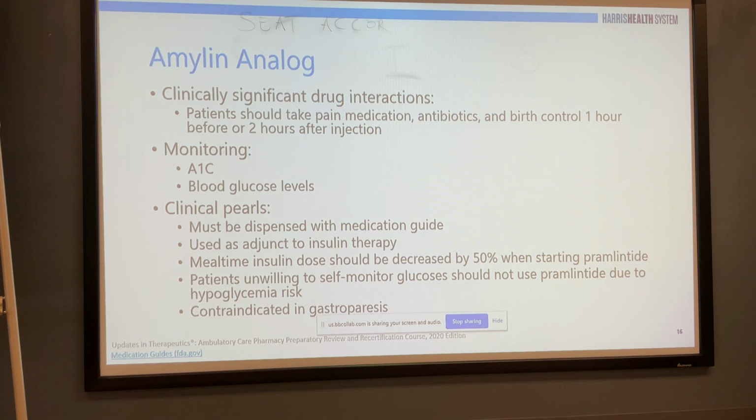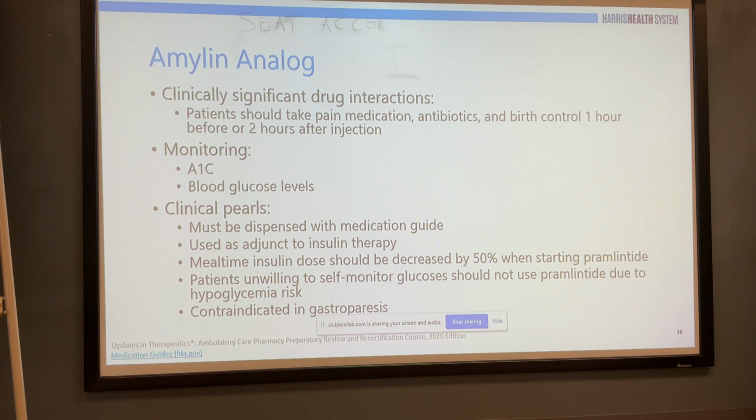Some notable clinical pearls are that this drug has to be dispensed with a medication guide. So if you're working in a retail setting and you get your drug labels, there's going to be a medication guide that comes with it, with the packet of information for the patient. One thing to note about the amylin analog is that it's used as an adjunct to insulin therapy. So that means a patient has to already be using insulin, basal bolus insulin, before you can add this product.